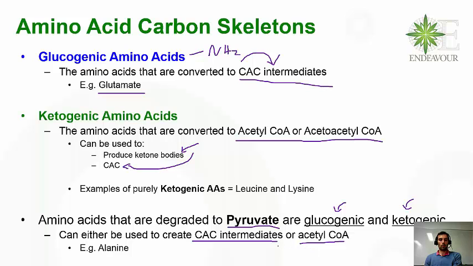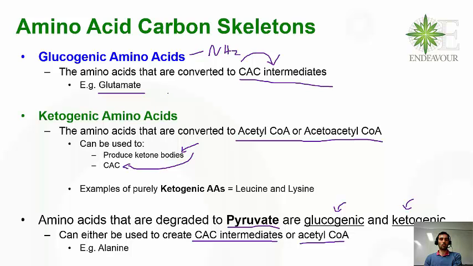So in that way, the amino acids that are both ketogenic and glucogenic satisfy the requirements for each of these groups.